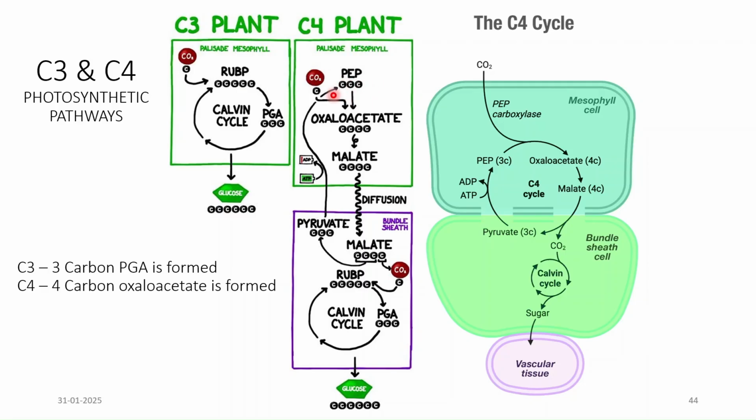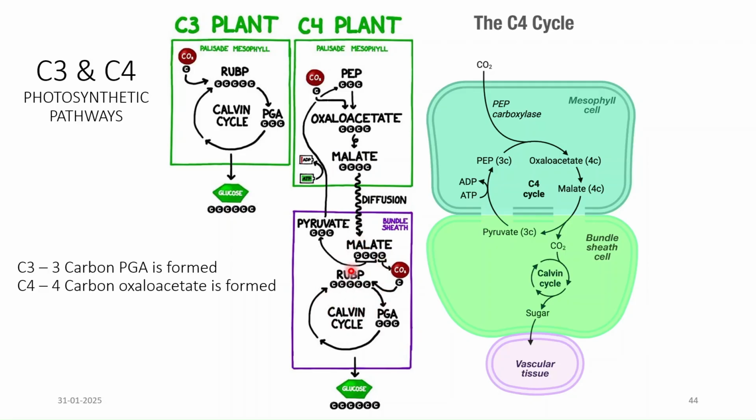It reacts with carbon dioxide over here because RuBP has a high affinity for carbon dioxide as well as oxygen, but PEP has an affinity only for carbon dioxide. It doesn't react with oxygen. So it reacts with carbon dioxide and forms oxaloacetate. Oxaloacetate gets converted to malate, and malate then diffuses into the bundle sheath cell.